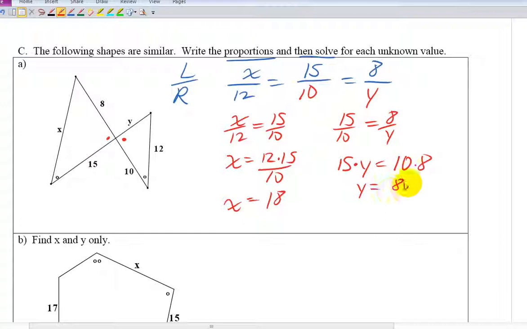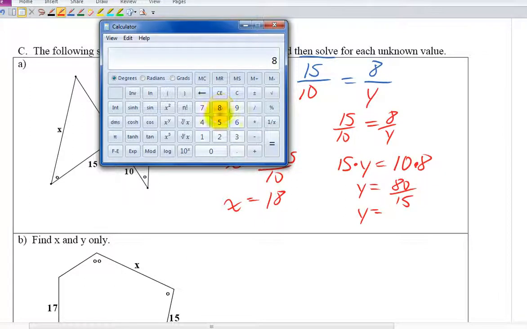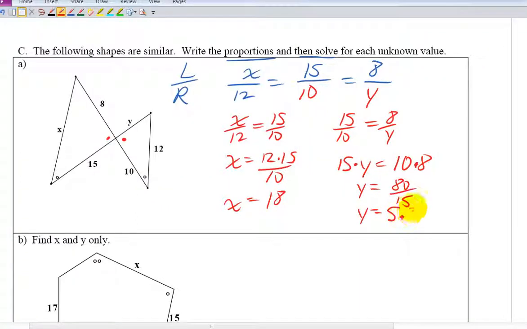So then y equals 80 divided by 15. I did something funny there. 5.3. Any questions? And people got both answers. Hands up. Okay, good.